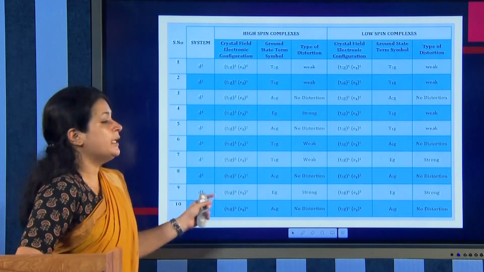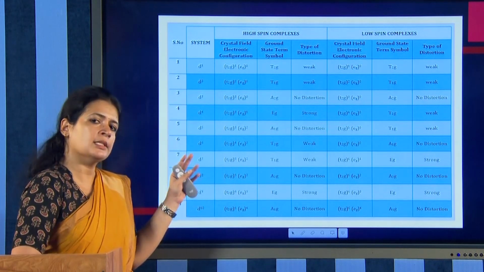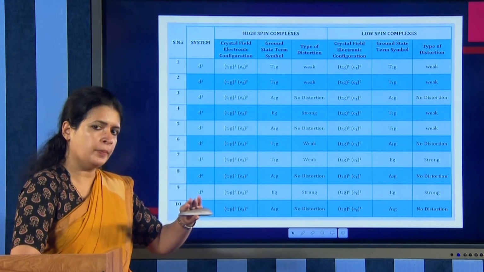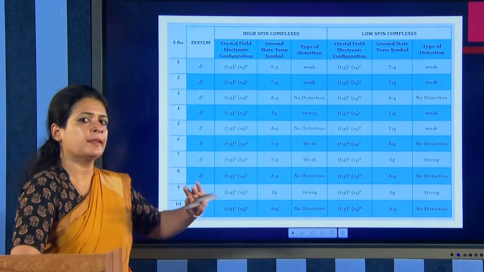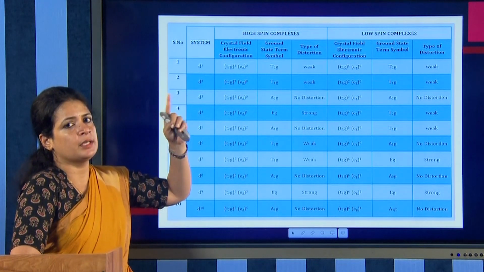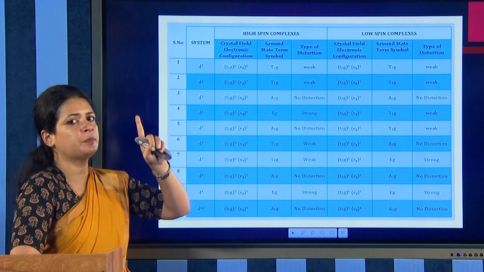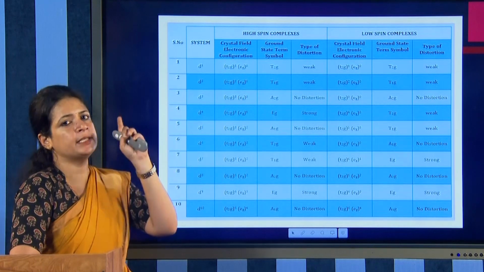And now moving to the d9 complex, the situation is very much different. d9 means after the complete occupancy of the t2g orbitals, the 9th electron should go to the eg orbital. So, that 9th electron has an option. It can occupy either dx square minus y square or dz square.